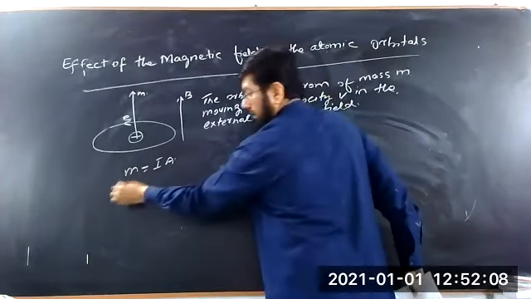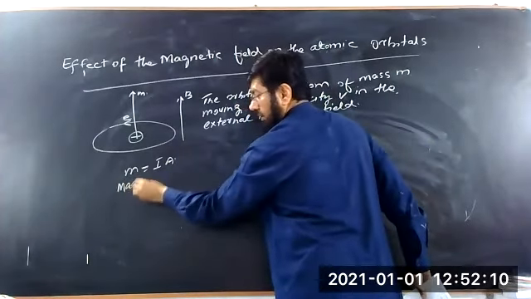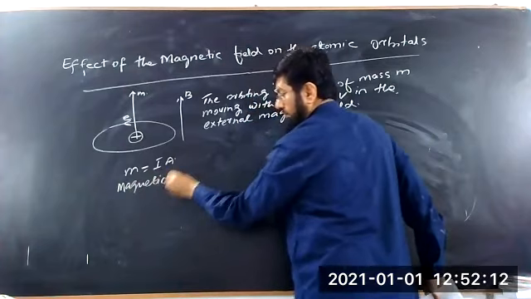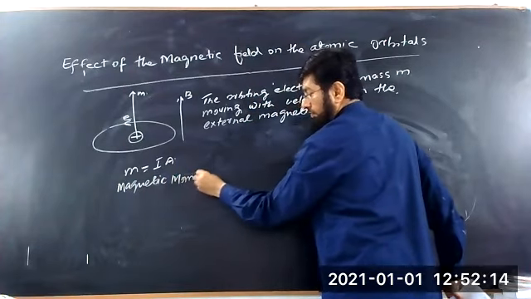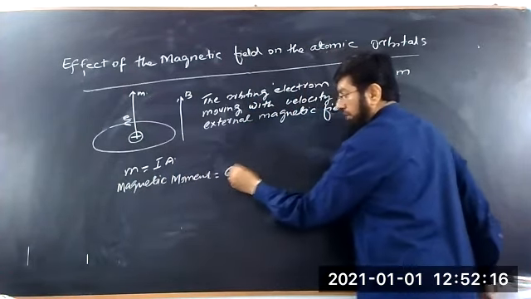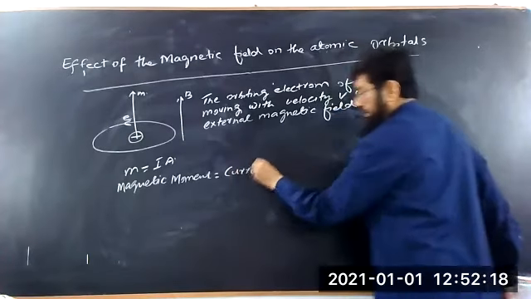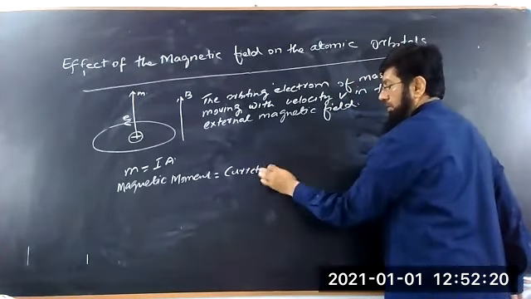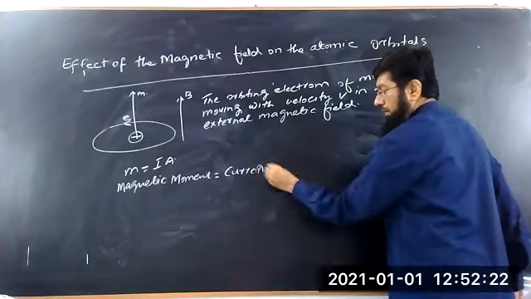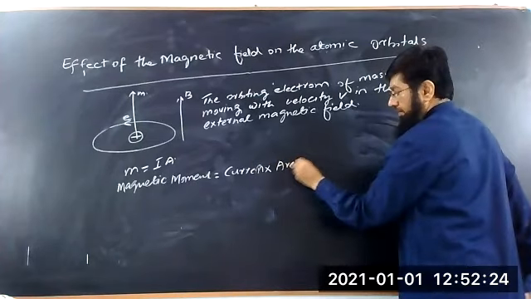So this is known as the magnetic moment, which is equal to current multiplied by area.